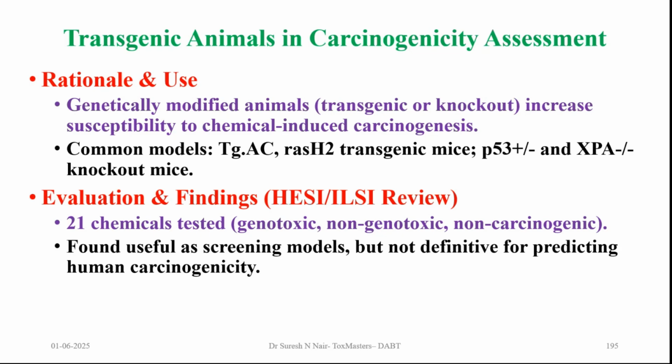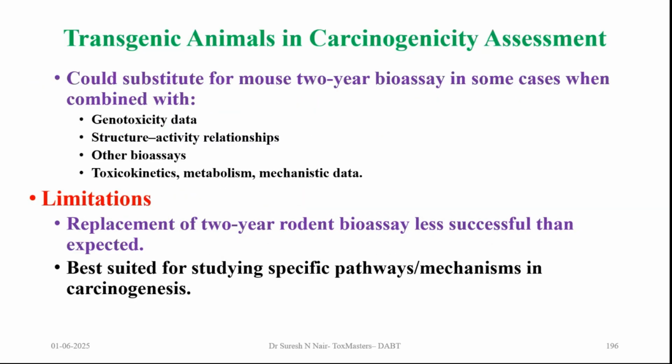The common models are the TGAC model, Ras H2 transgenic animals, p53 positive and negative, that is, mutant cells are there, and XPA knockout mice are used, and the evaluation and findings are with the HESI, ILSI reviews. This is as given in the textbook. I'll tell you in detail about these guidelines later.